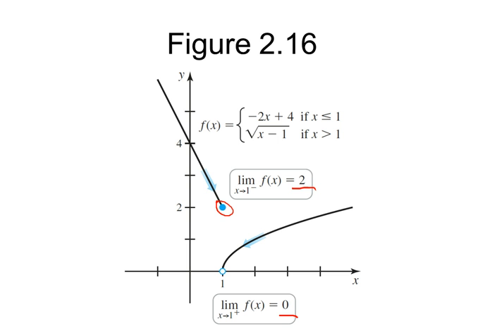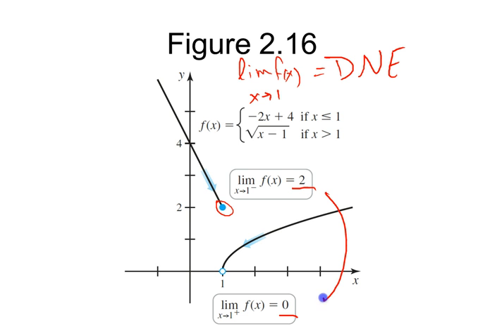So our two one-sided limits are 2 and 0, and this tells us that the limit of f of x as x approaches 1 does not exist because our one-sided limits do not agree. Since these two are not equal, the limit does not exist.